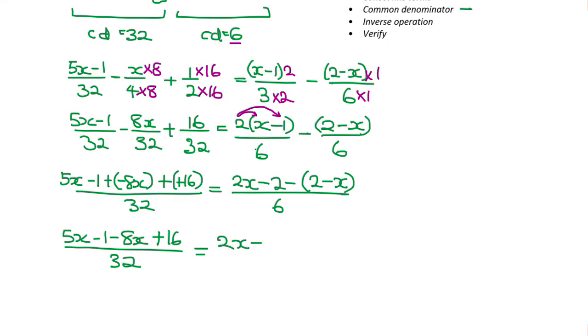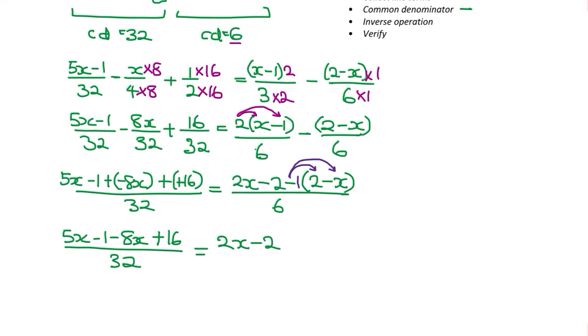(2x minus 2), and in here you notice that you have a negative, so imagine this having a 1, so it means here that negative 1, and we have to do our distributive properties to open that bracket. So negative 1 times 2 and negative 1 times negative x.